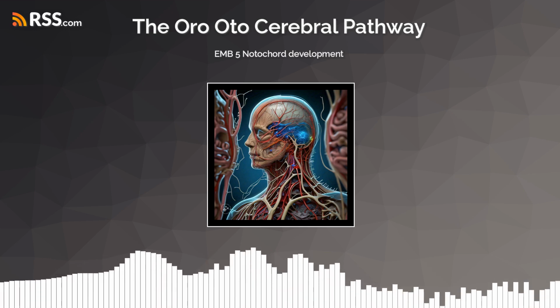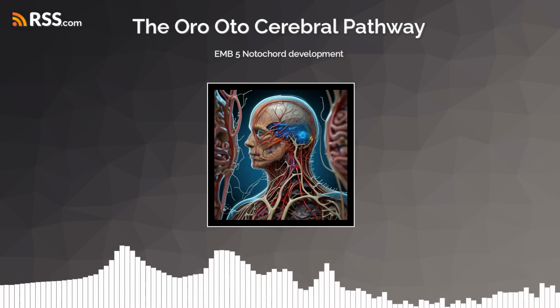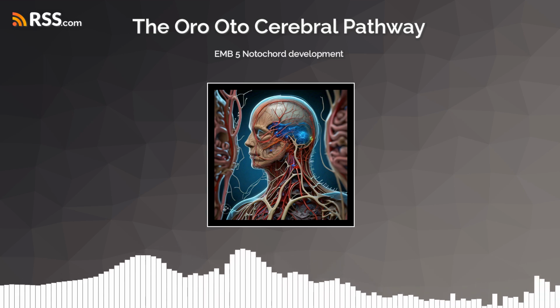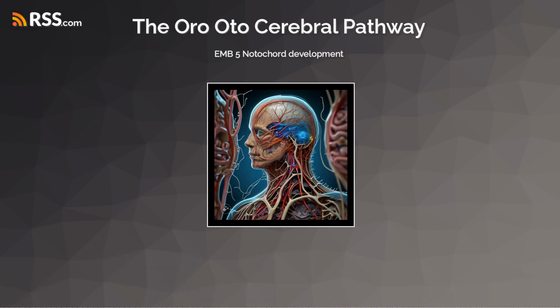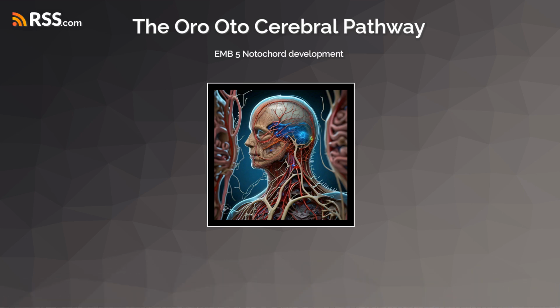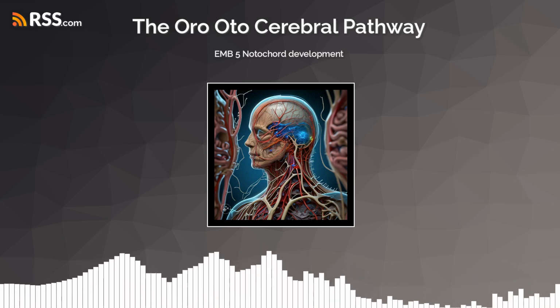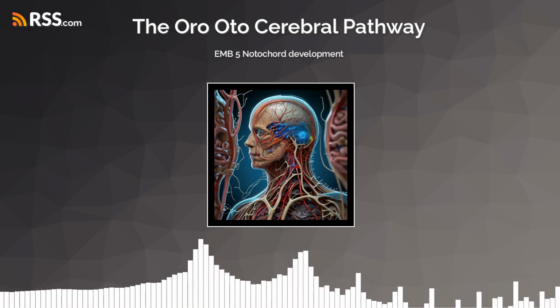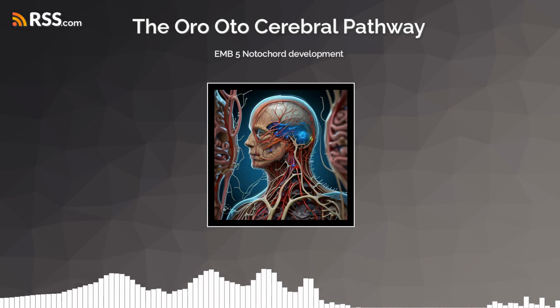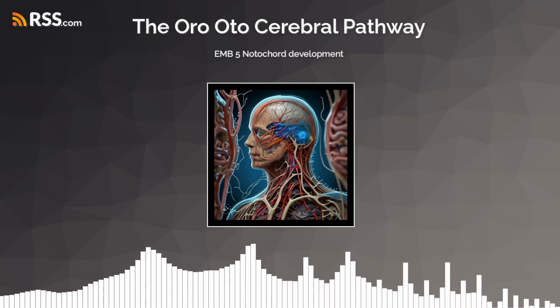Now, the primitive streak consists of a primitive groove. Towards the cranial region, we have a primitive node, and a depression in the primitive node, the primitive pit. Cells in the primitive node multiply, they invaginate through the primitive pit and pass cranially in the midline towards the precaudal plate in the space between ectoderm and endoderm.